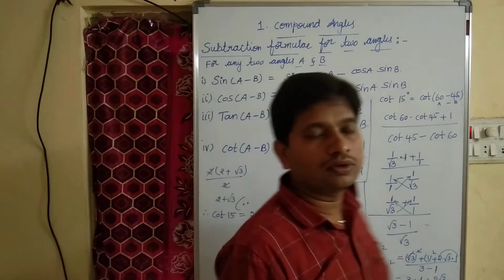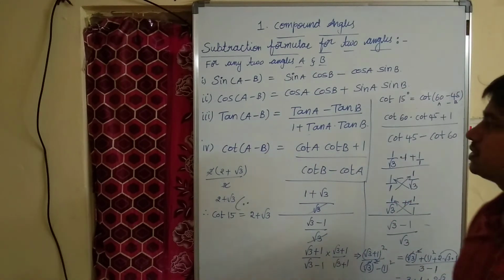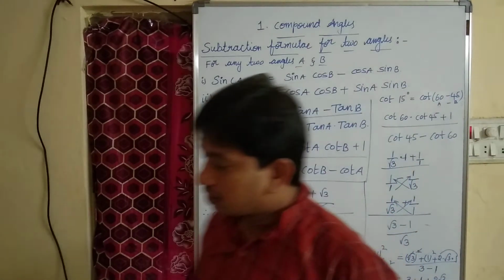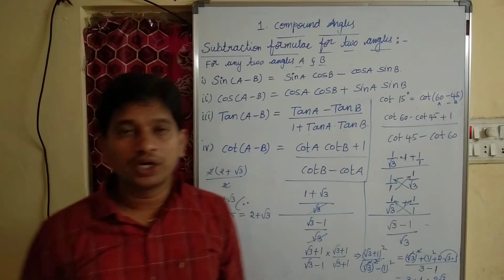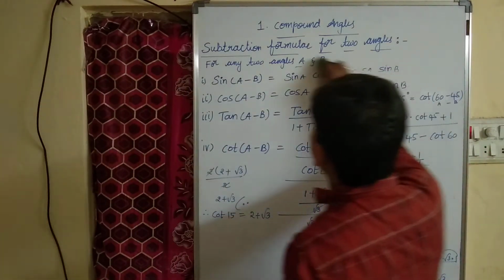So we found sin 15 degrees, cos 15 degrees, tan 15 degrees and cot 15 degrees by using the subtraction formula for two angles. And also let us discuss two more important identities.